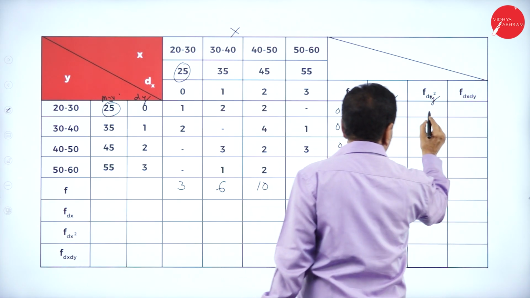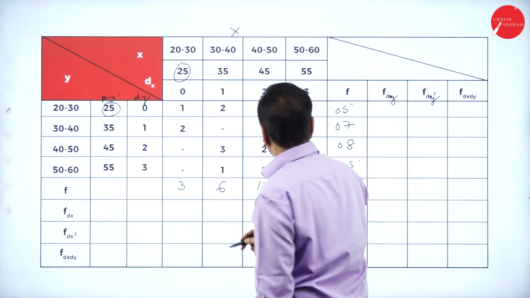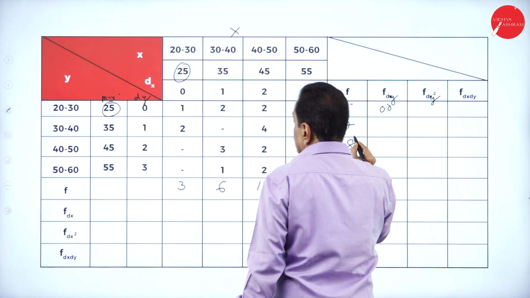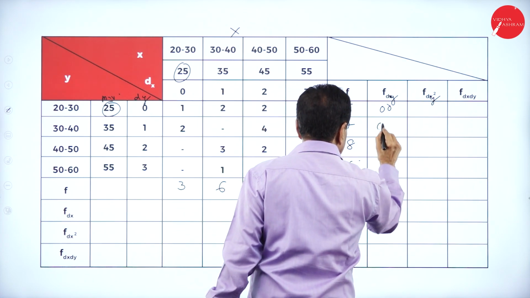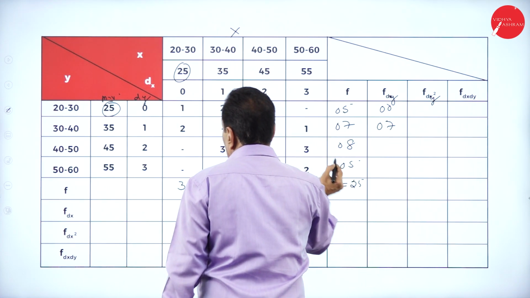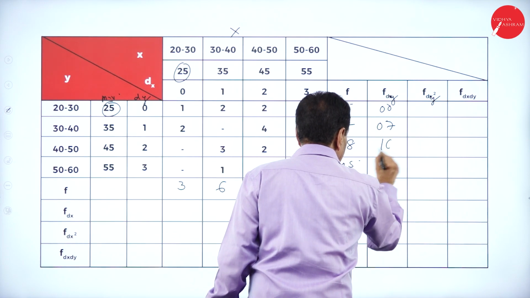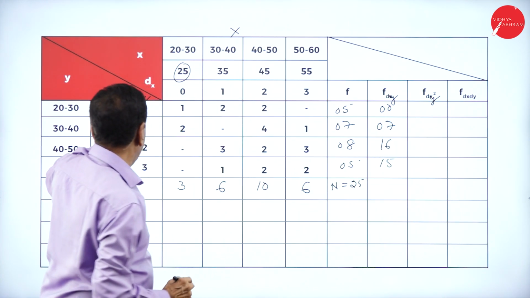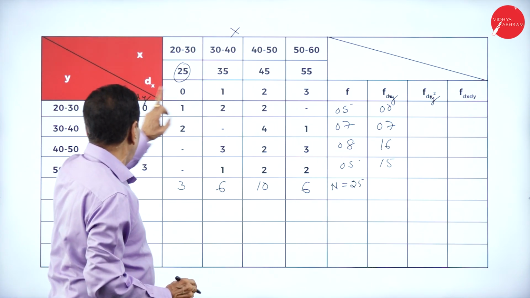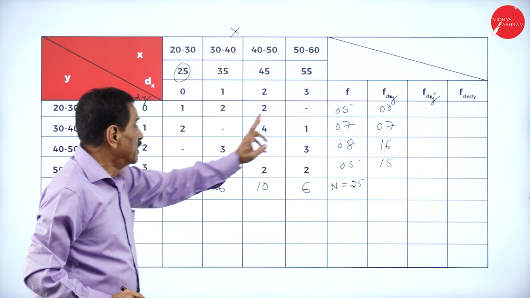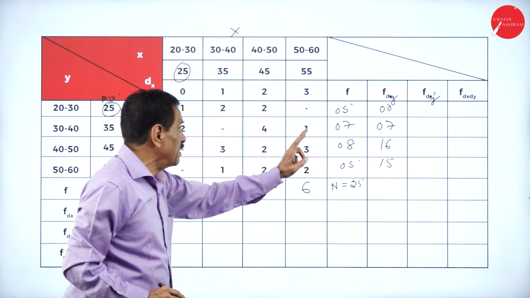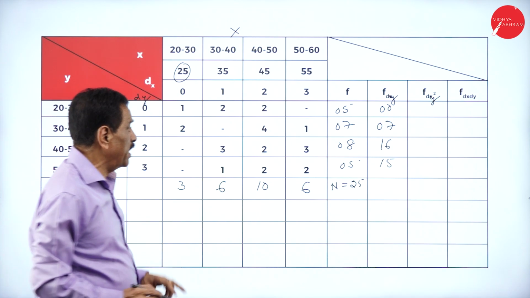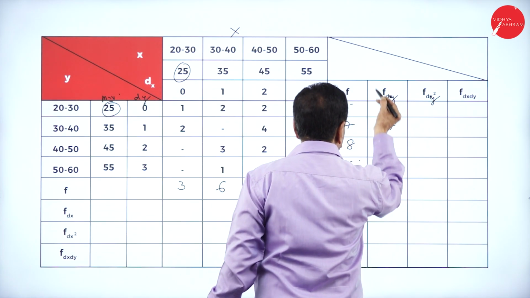For the deviation of Y: 5 into 0 is 0, 7 ones are 7, 8 twos are 16, 5 threes are 15. I will repeat. This is the deviation of Y: 5 into 0 is 0, 7 ones are 7, 8 twos are 16, 5 threes are 15.